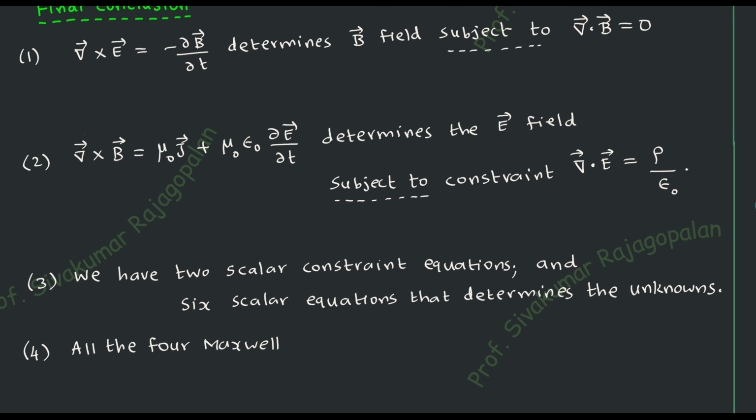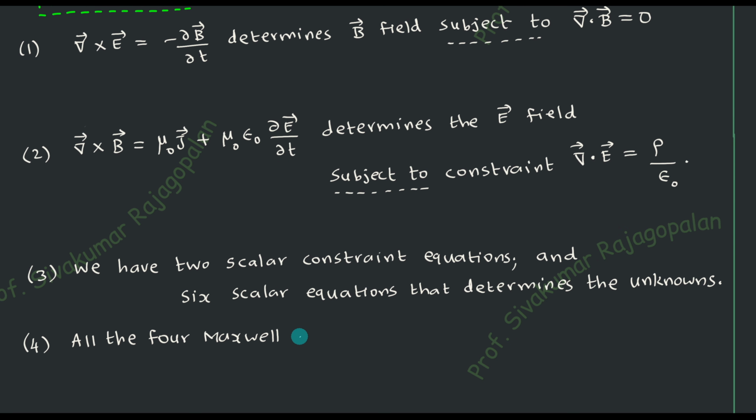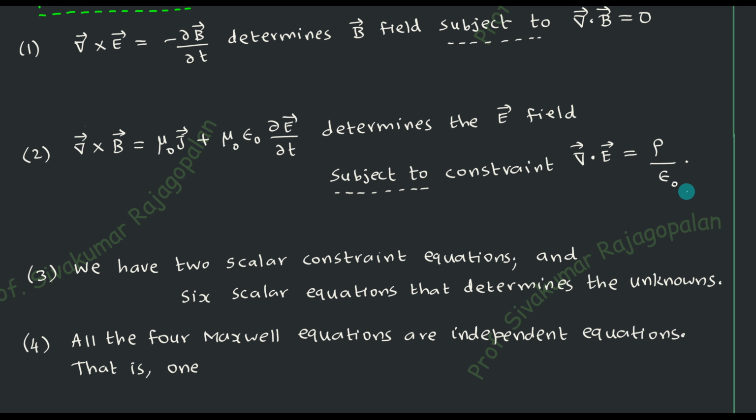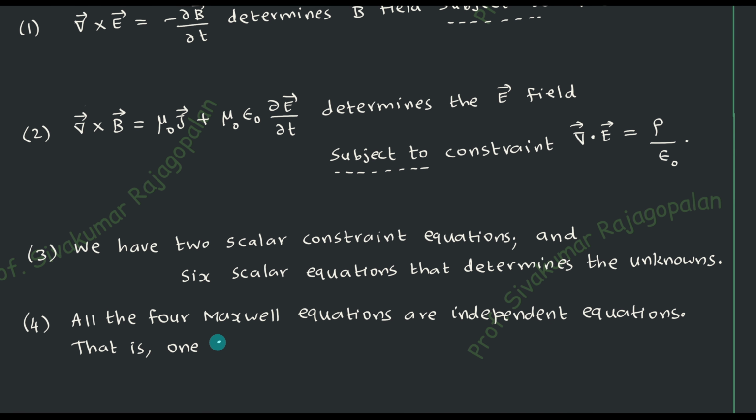Let me also write down one final important conclusion. All four Maxwell equations are independent equations. This is a very important conclusion. It means that none of them can be derived from the remaining ones. Or I will say that one cannot derive one equation using the other equations.